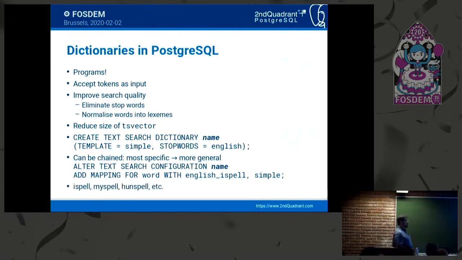And these come with your system, because we can use the open source iSpell, MySpell, and HunSpell dictionaries for this, on top of the included ones in Postgres.